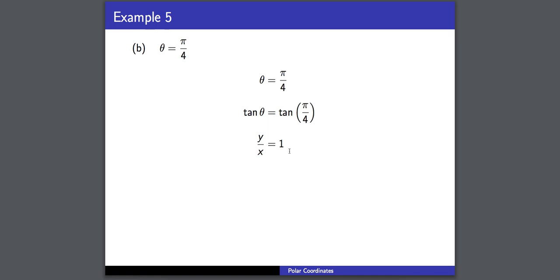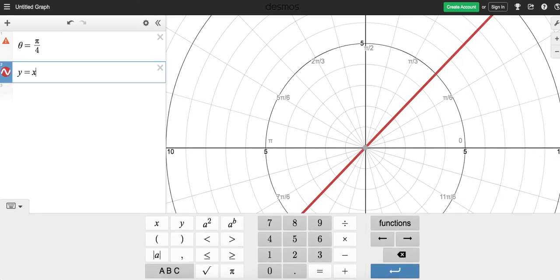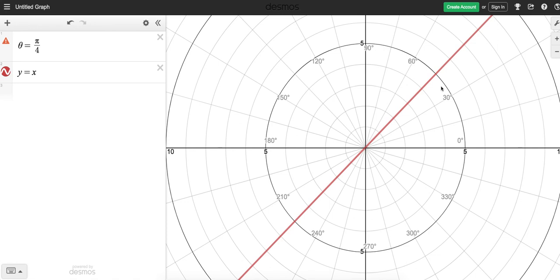Then if we multiply both sides by x, we get y equals x, or y equals 1x. So our rectangular form for this equation is just y equals x. And notice that it makes a pi over 4 angle with the positive x-axis, or with the polar axis. In fact, if I switch over to degrees, halfway between 30 and 60, we have a 45-degree angle here.